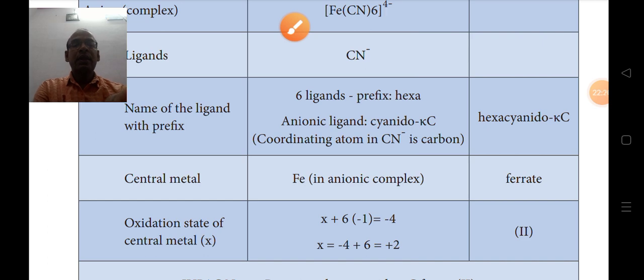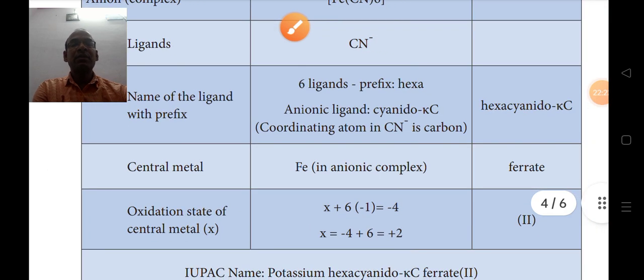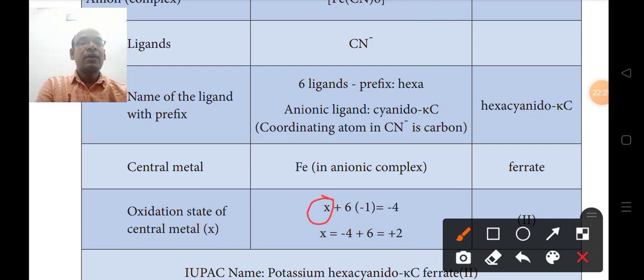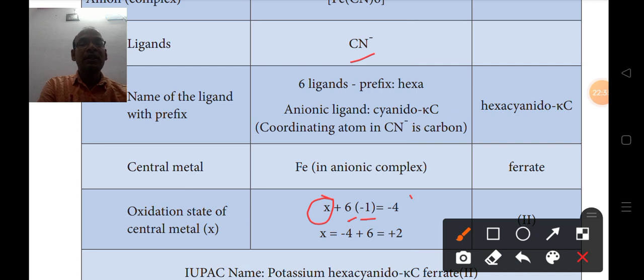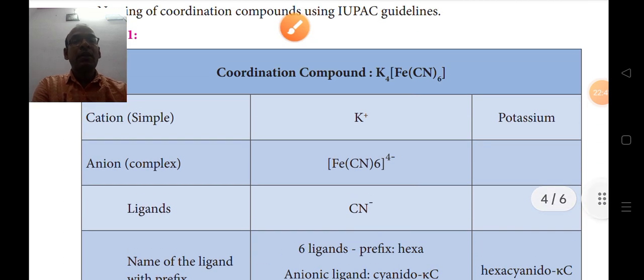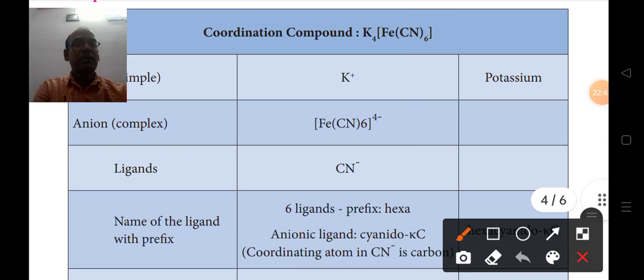The oxidation state of the central metal ion is X. One CN has 1 minus, totally 6, therefore 6 into minus 1. The net charge on the complex ion is determined by the potassium: one potassium has a 1 plus, totally 4 potassium, therefore 4 plus.